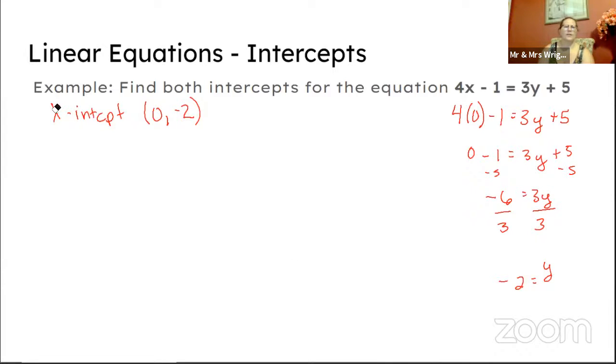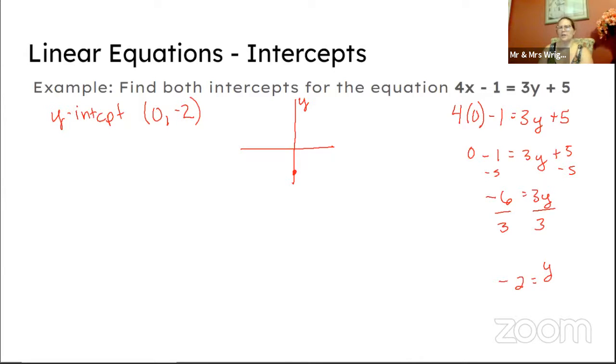So that's going to be my y-intercept: 0, comma, negative 2, because what I found was my y value. X is 0. That means I'm not moving. If looking at a graph, I'm not moving to my right or my left at all. I'm simply going down 2, and it's right there. That's on the y-axis, so it's my y-intercept.